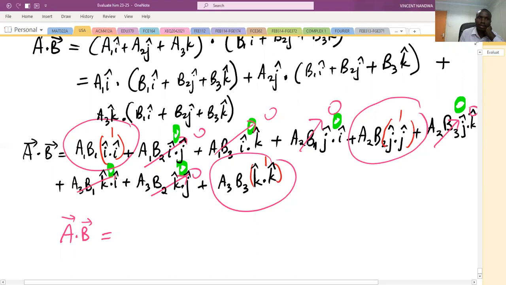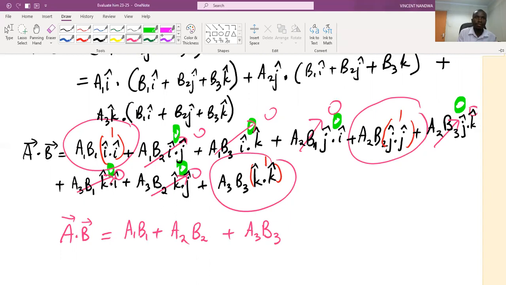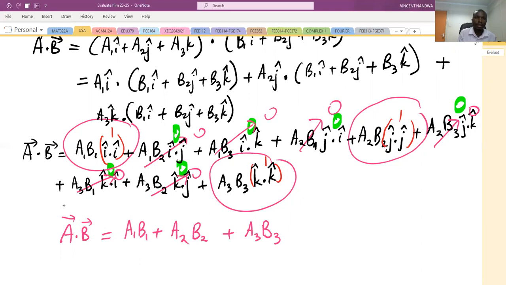Similarly, this one goes to 0 because of the dot product of different unit vectors. So I have A1 B1 plus A2 B2 plus A3 B3. So this is another formula for defining the dot product of two vectors A and B. So that's the result.